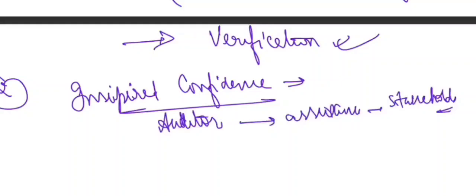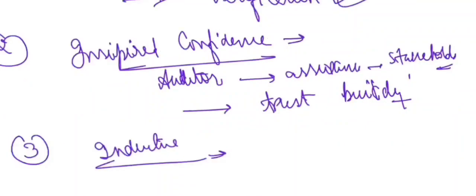That is called the theory of inspired confidence. So actually, they build trust. And the third is inductive theory. Inductive theory means built on experience, but it cannot skip a structured scope.